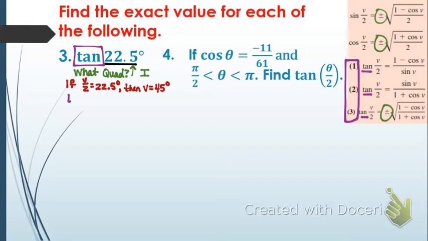So I'm going to do, that first one says tangent of V over 2 equals 1 minus cosine of V over sine of V. So tangent of 22.5 degrees, because that's my half angle, is equal to 1 minus cosine of what?